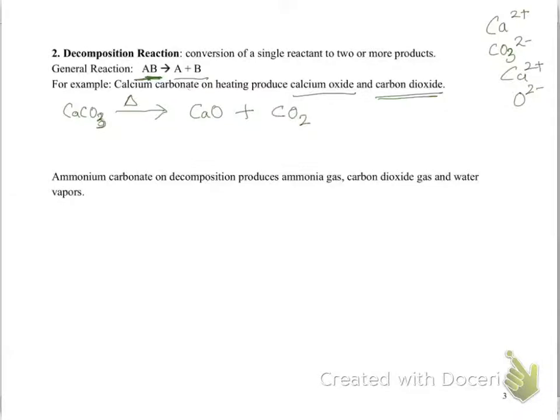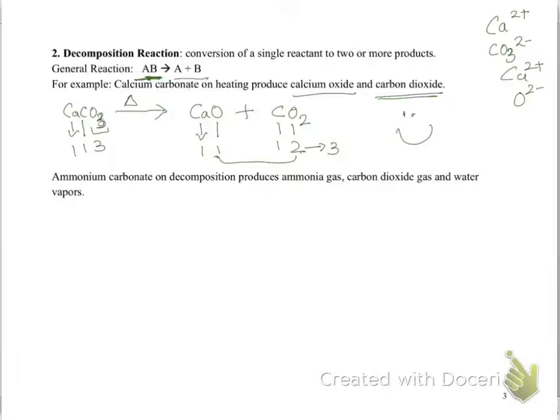You first write down the equation. Once you're done writing the reaction, what do you do? You balance it. So 1 Ca, 1 Ca, 1 carbon, 1 carbon, 3 oxygens. Here is 1, here are 2, 1 plus 2, 3. So the equation is balanced already.